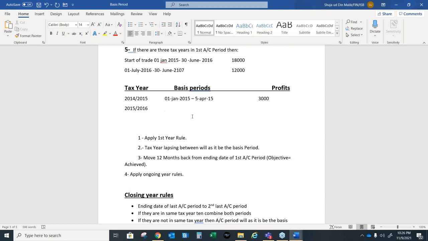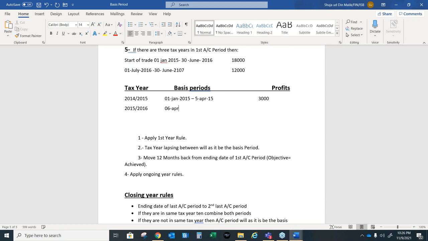So we have to be very cautious that we are not going to move 12 months back from the ending date of the first accounting period. Instead, there is a complete tax year lapsing in between this accounting period. So here we will be taking that particular tax year that has been lapsing in complete manner.